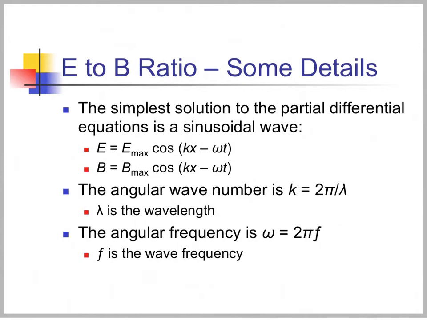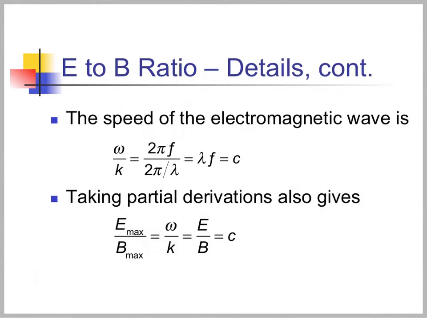The speed of the electromagnetic wave is omega over k, which we said is 2 pi f over 2 pi over lambda, which is lambda f, which is just the speed of light. If we take the partial derivatives, it also gives that E max over B max is omega over k, which is E over B, which is just the speed of light.